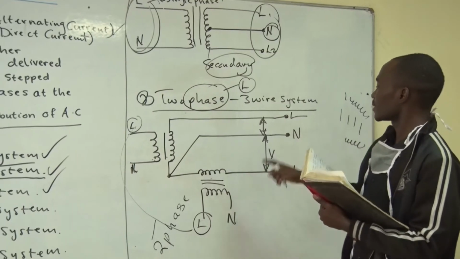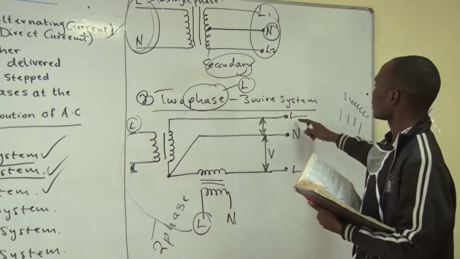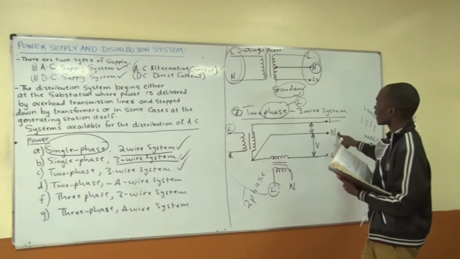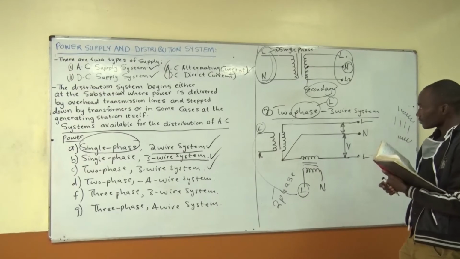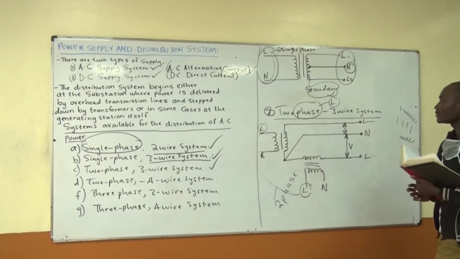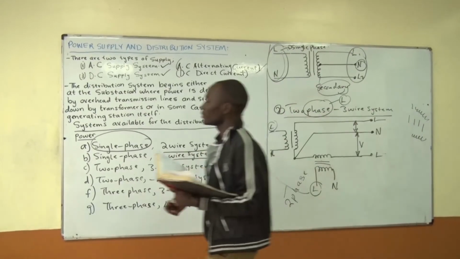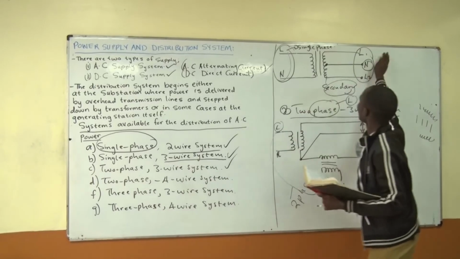So it will give us the 2-phase, this and this, and the 3 wire, this live and this live, with the neutral tapped at the center. So it will give us the 2-phase 3-wire system. So that is how you draw the 2-phase 3-wire AC distribution system. So let's go to the next one.